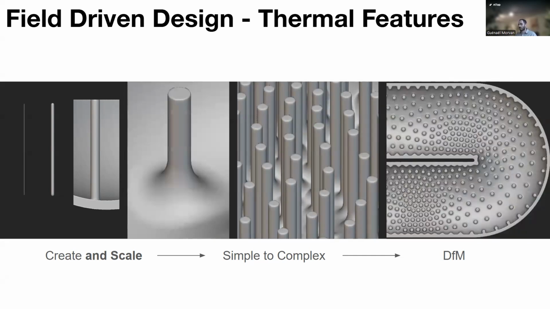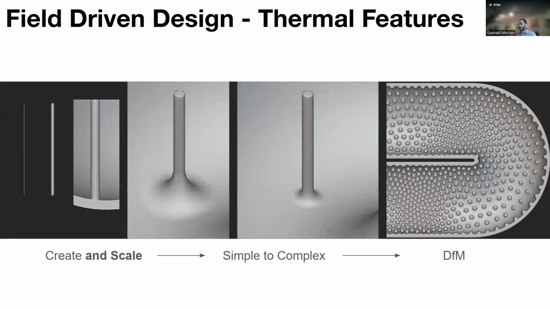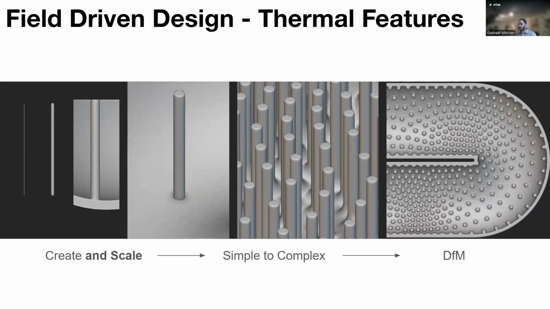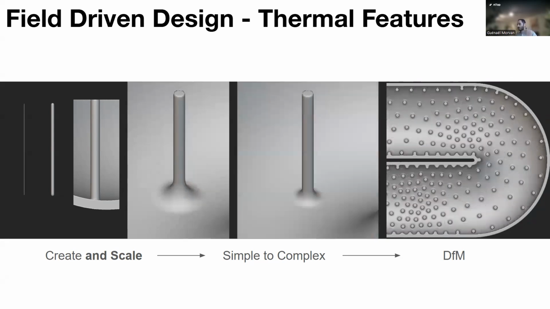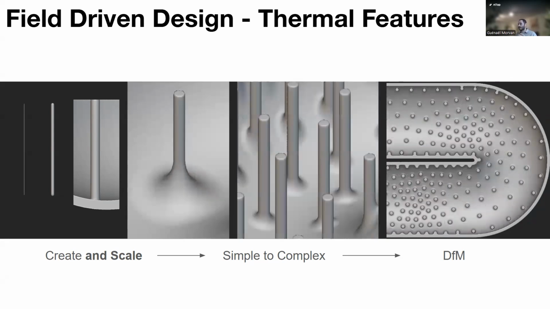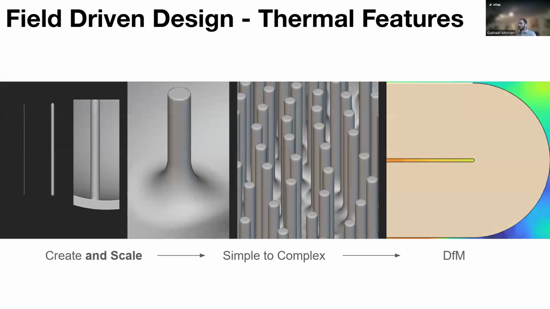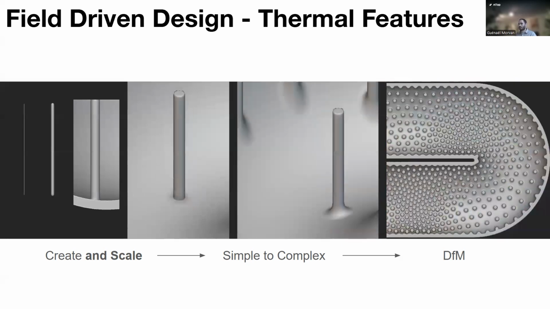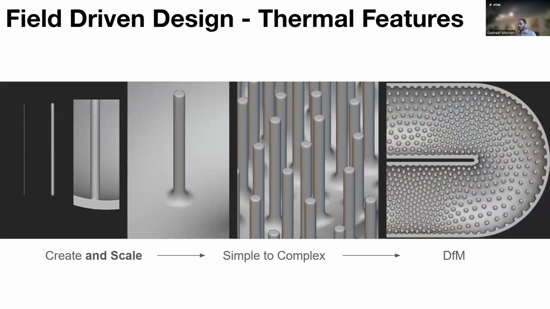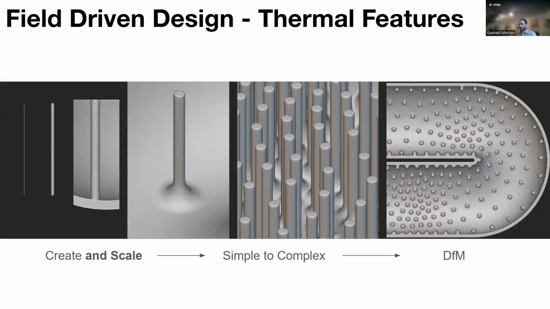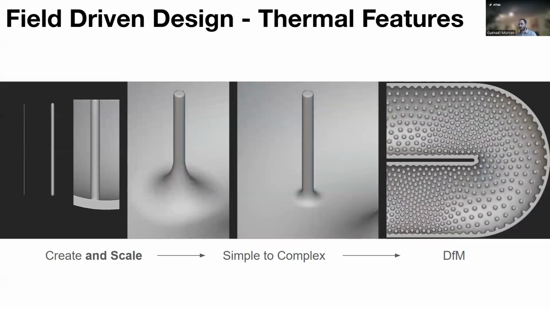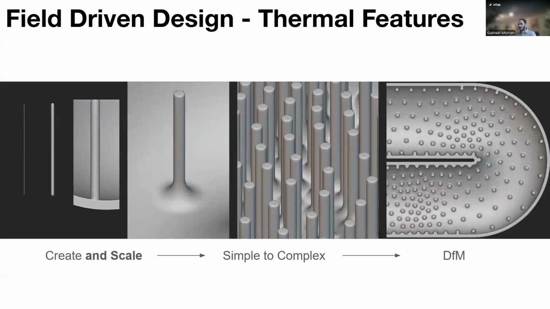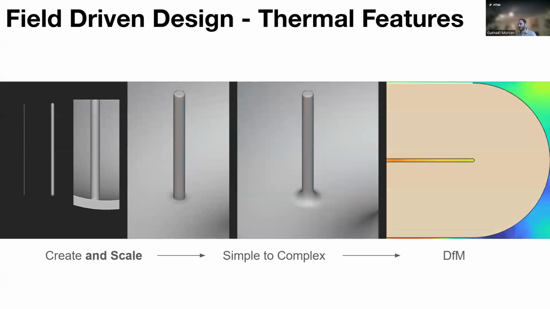Design rules are up to the engineer to decide, and it's all part of the computational model to be able to set up the input parameters, etc. And these design rules can be applied to the design afterwards. So here we are changing the number of pins that we want, but we could also be changing the thickness of the pin, or any type of design feature that we think can be changed and optimized in nTop.